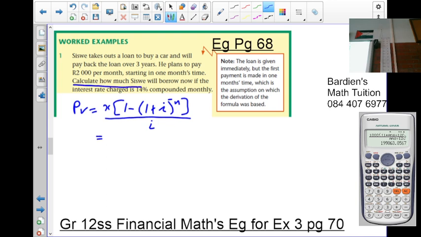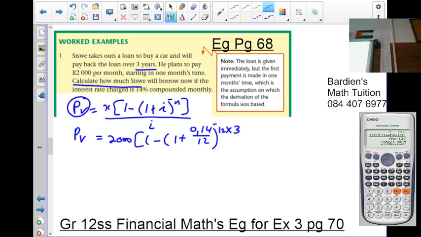They want to know how much Caesar can borrow, so we're calculating PV. He's paying 2,000 Rand per month, so 2,000 into 1 minus 1 plus i, which is 14 over 12, compounded monthly, to the exponent negative 12 times 3 years, all over i, which is 0,14 over 12.